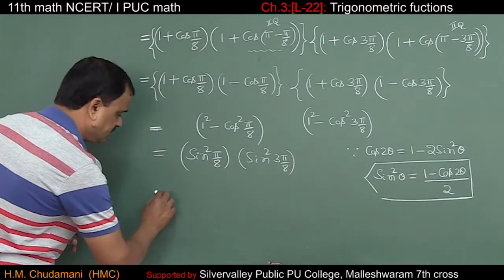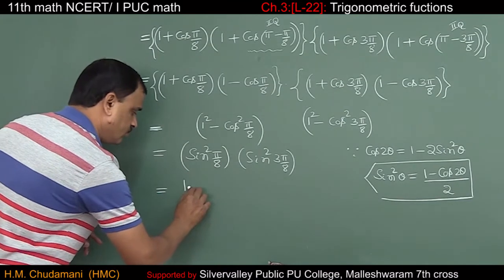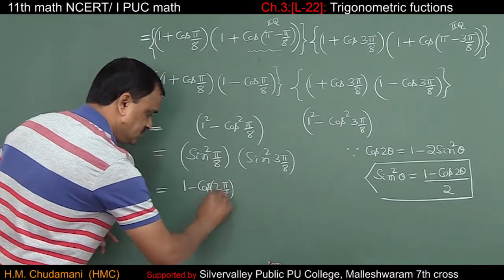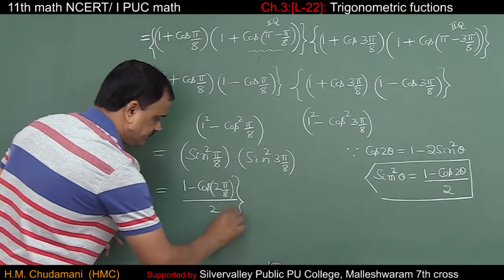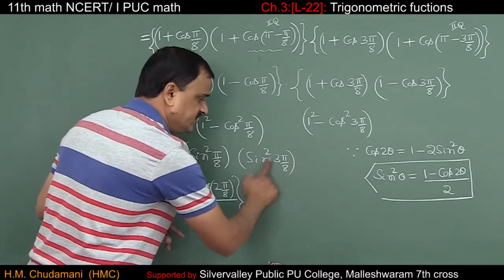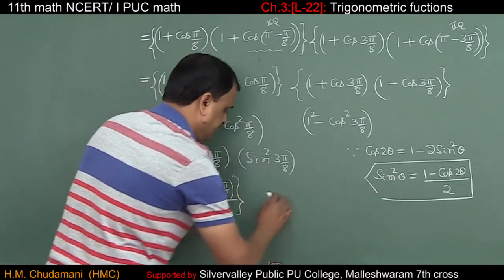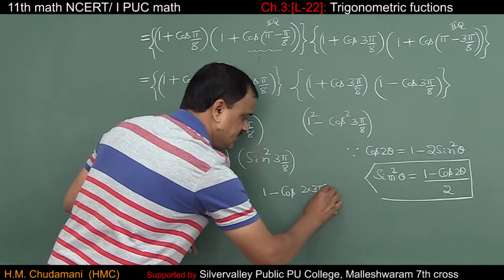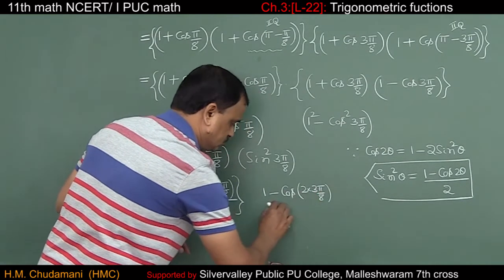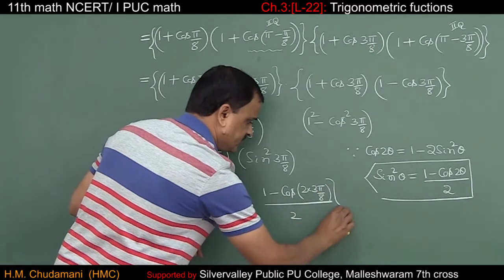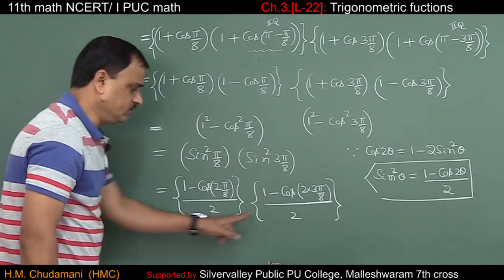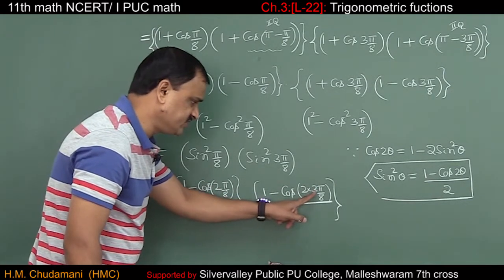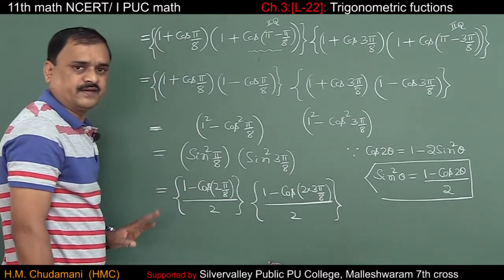So here theta is pi by 8, 1 minus cos 2 into pi by 8 divided by 2, into, here theta is 3 pi by 8, sine square theta is 1 minus cos 2 into 3 pi by 8 divided by 2. So 2 into 2, 4, 1 by 4, this is pi by 4, this is 3 pi by 4.